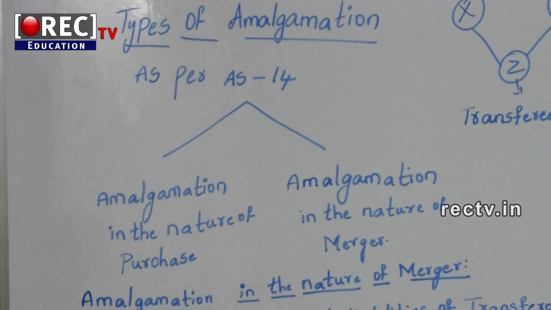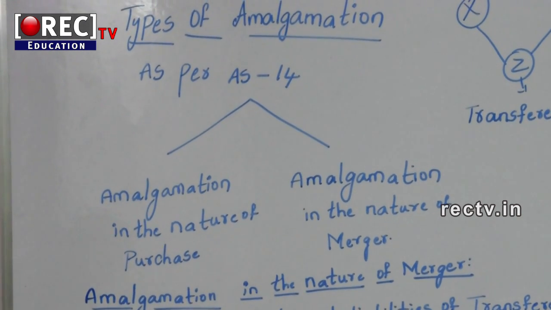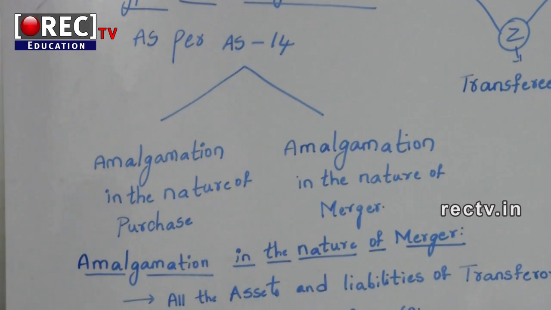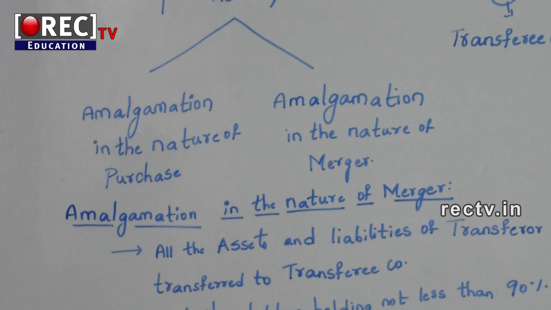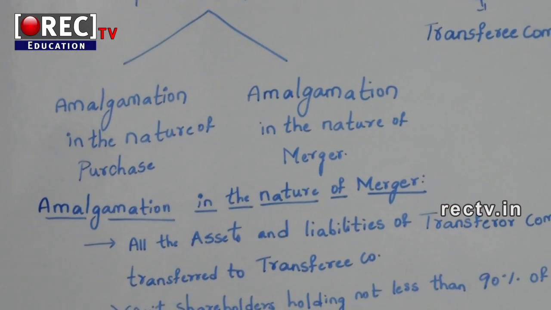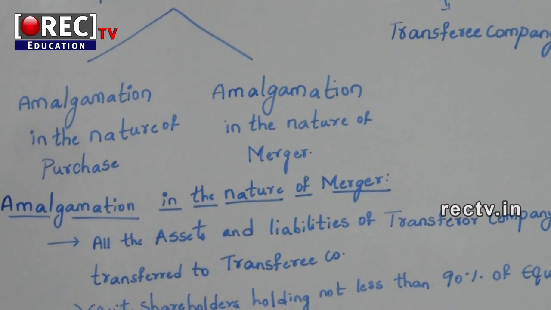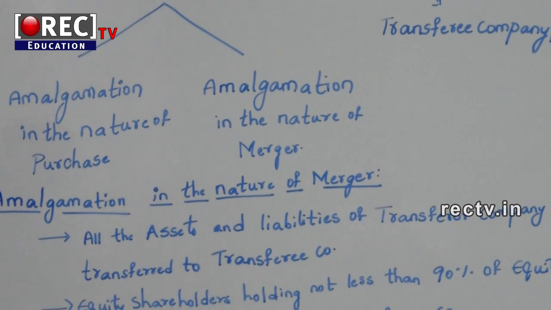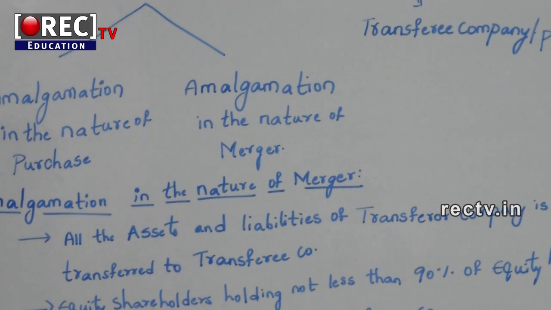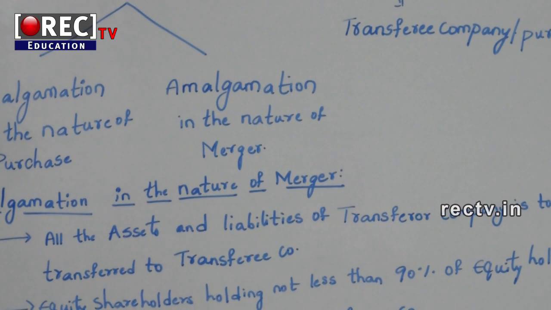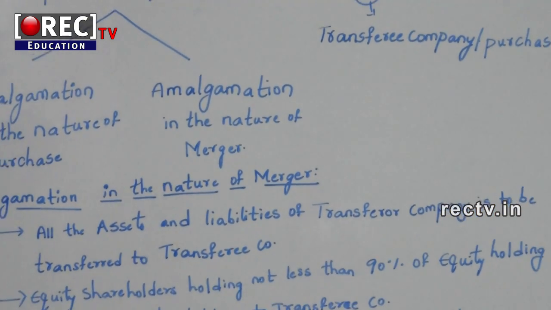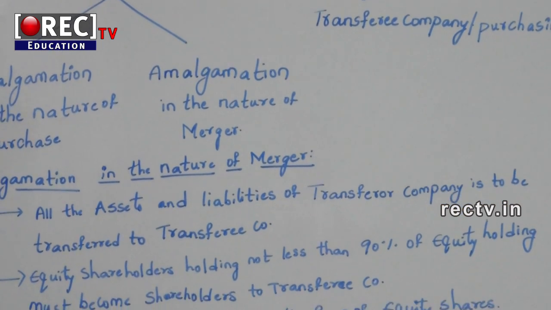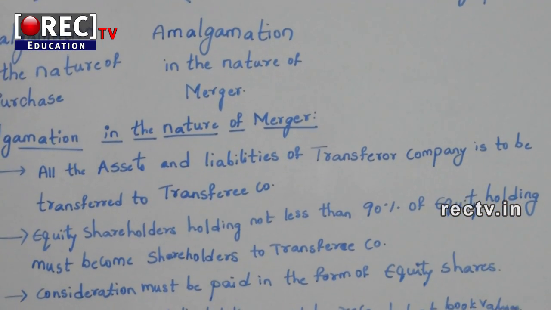One is amalgamation in the nature of purchase and the other is amalgamation in the nature of merger. For the amalgamation to be a merger, it has to satisfy 5 conditions simultaneously. If any one of these 5 conditions is not satisfied, then the amalgamation is said to be amalgamation in the nature of purchase. Now let us see what the 5 conditions are to become amalgamation in the nature of merger.